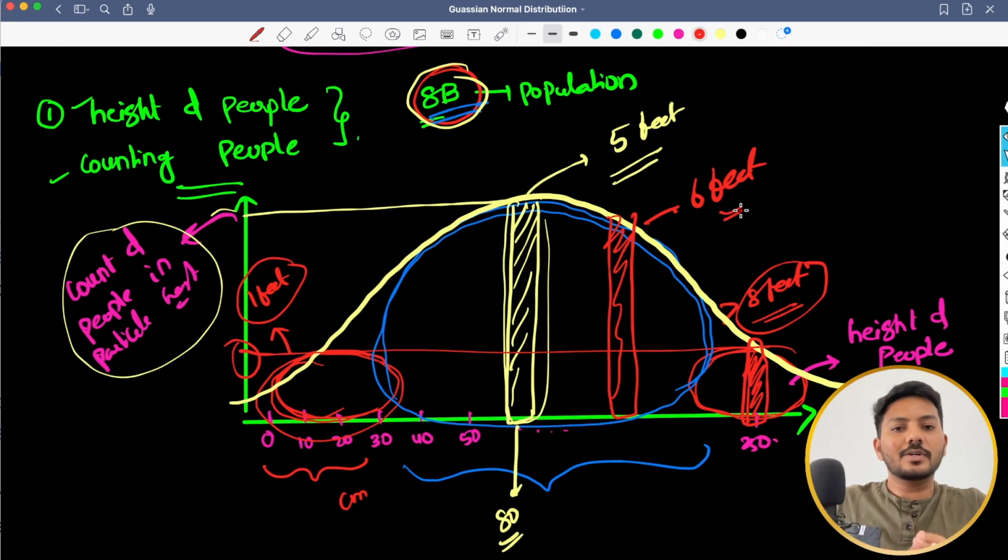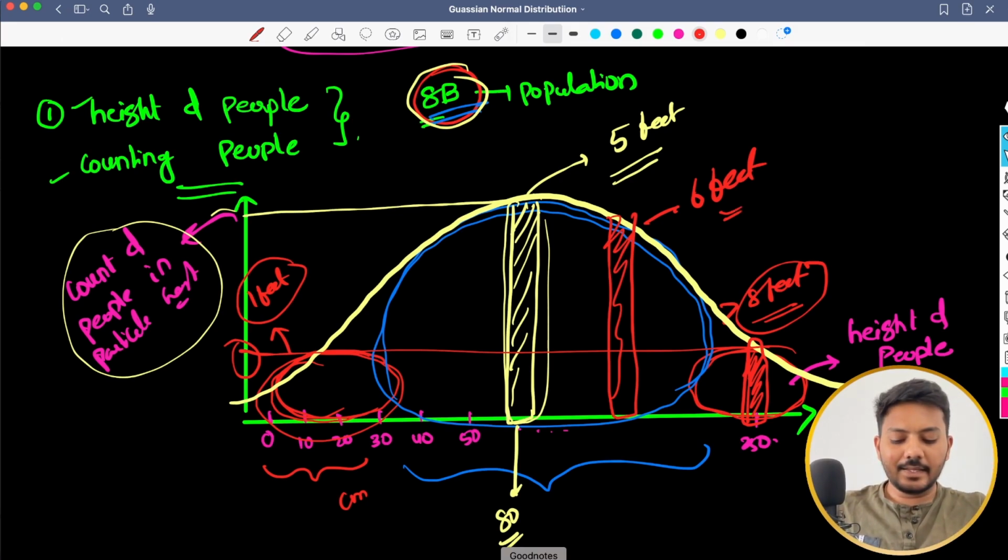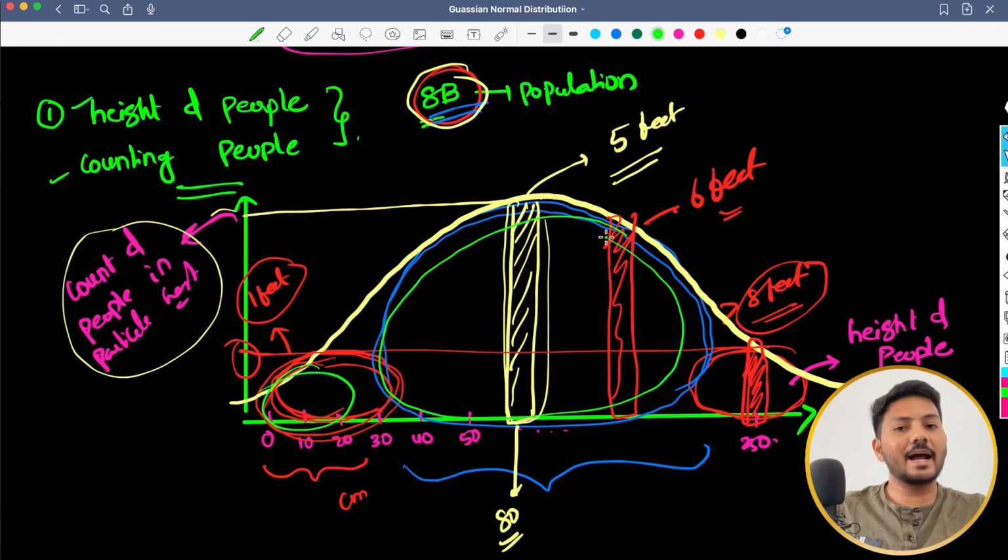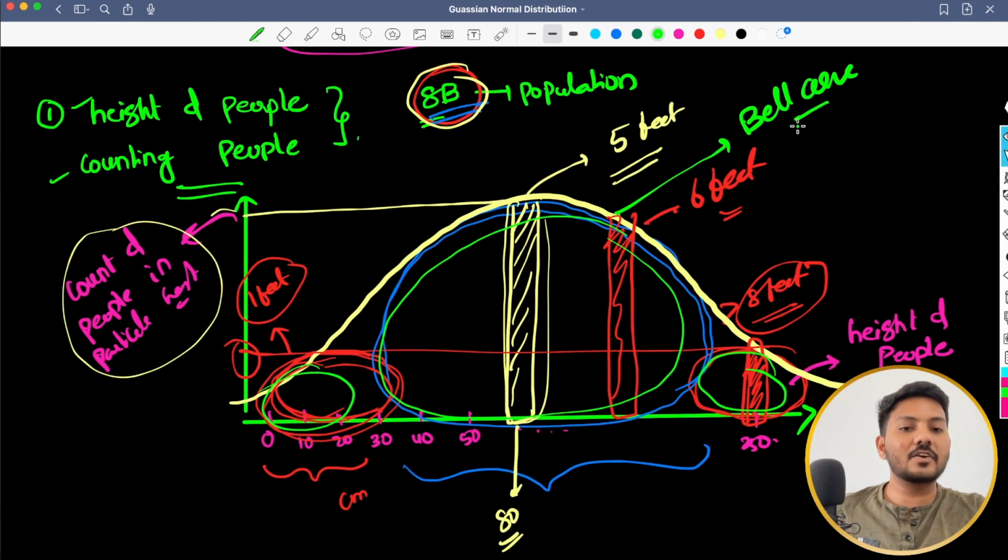So usually in the world, whatever you see, this will happen. Actually, there are very less number of people who are having very less height, and very large number of people who are having median height, and very less number of people who are having very large height. And if I smoothen out this whole point, this is called a bell curve. It is in the inverted shape of a bell, right? And this is also called Gaussian distribution.